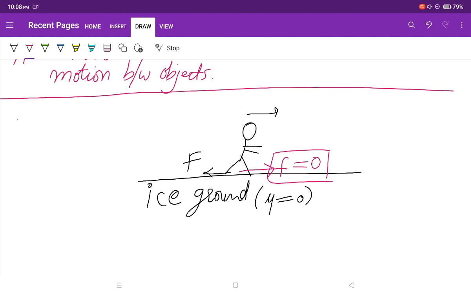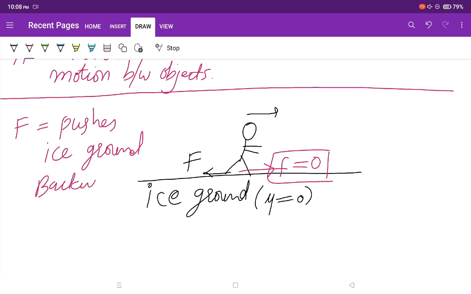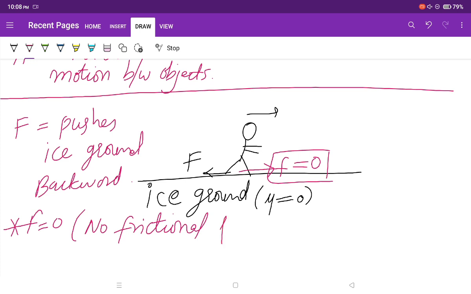So what happens here is F pushes the ice ground backwards, but small f equals 0. No frictional force acts forward.